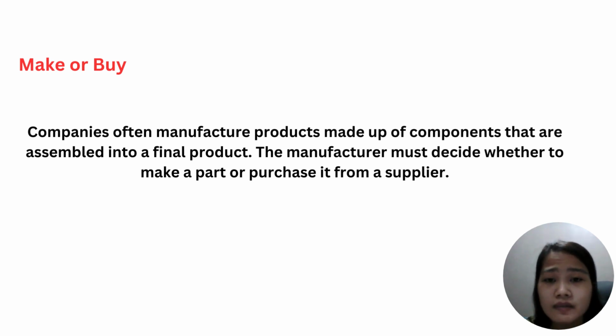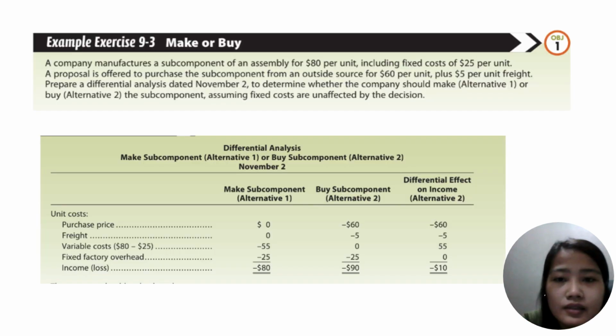So companies often manufacture products made up of components that are assembled into a final product. The manufacturer must decide whether to make a part or to purchase it from a supplier. So we have an example for the make or buy. A company manufactures a subcomponent of an assembly for $80 per unit, including fixed costs of 25 per unit.